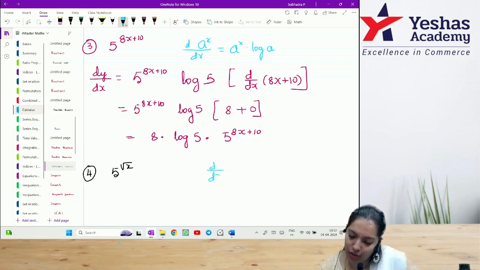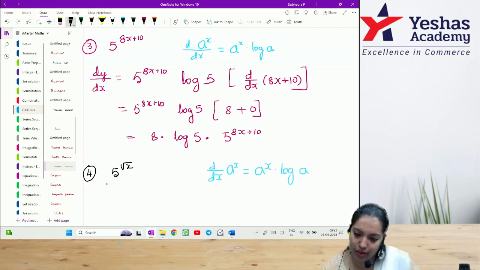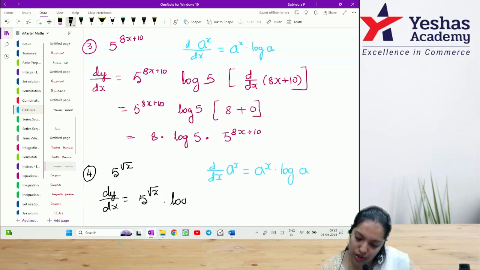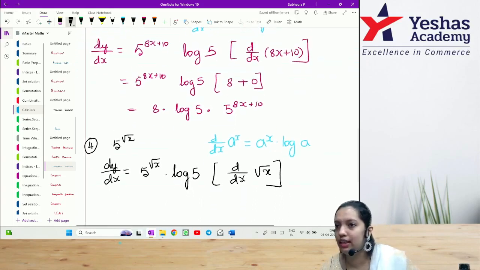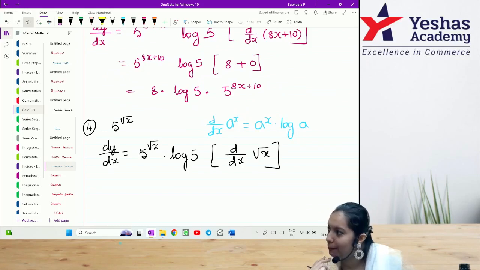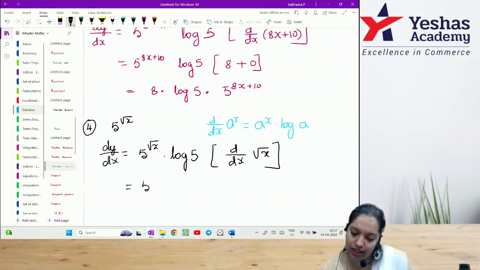The derivative of a to the power x is a power x into log a. So the derivative of 5 to the power x will be 5 to the power root x into log 5. Then you have root x in the power. What is the derivative of root x? 1 by 2 root x. So write 5 to the power of root x into log 5 into 1 by 2 root x.